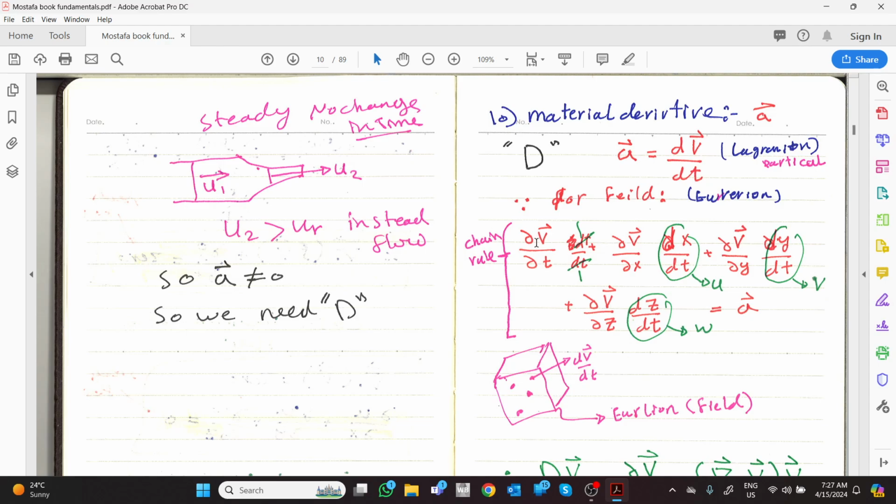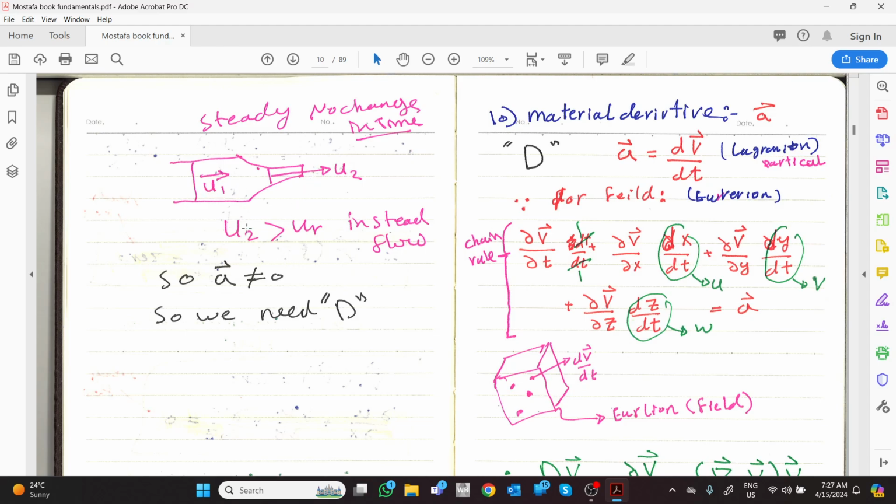See, so we know in any case that the acceleration, or whatever, the velocity, is changing because of time, a parameter. So this is a parameter, and we know it is changing with respect to x.